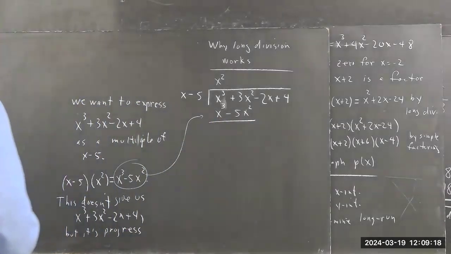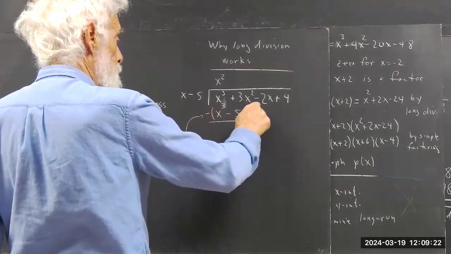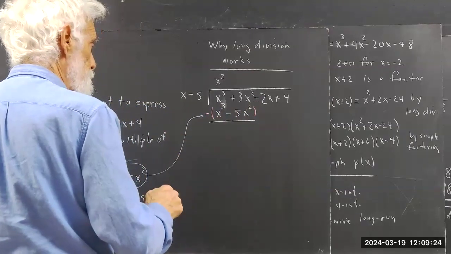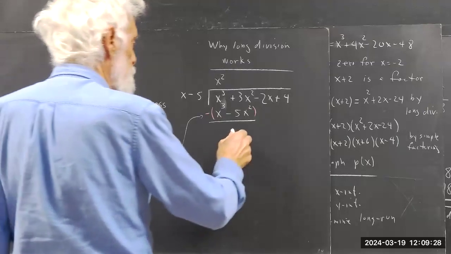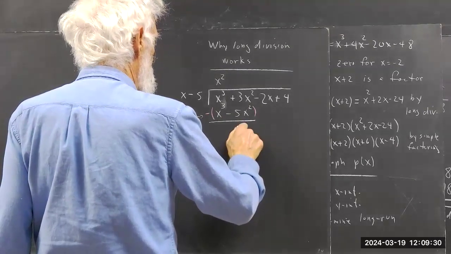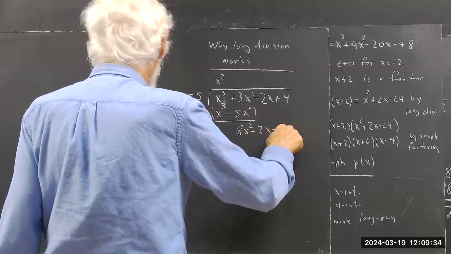And we subtract this. We subtract the whole thing. And we get 8x squared minus 2x plus 4.